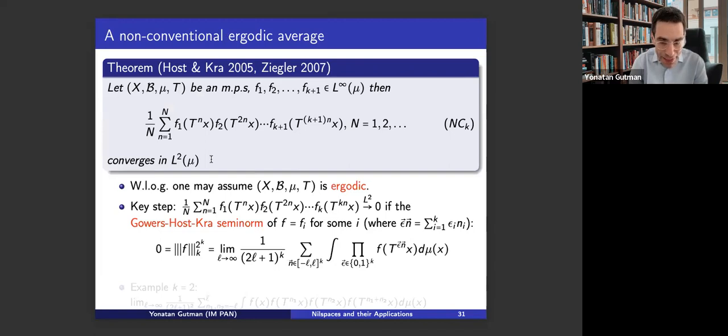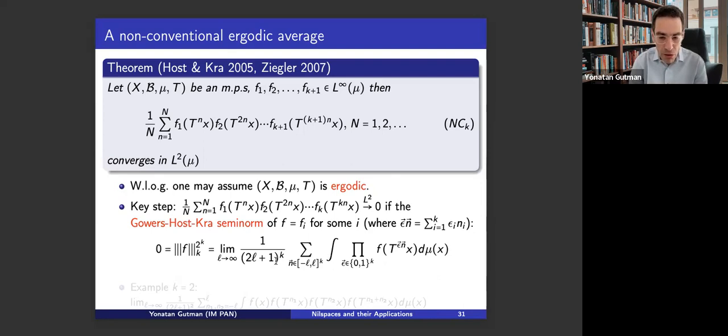the key step is that you study something which we now call the Gowers-Host-Kra seminorm. So it's not a coincidence that this name appears, and it's not a coincidence that the expression here should remind you of what we saw before. So notice this is already the third appearance of such an expression.